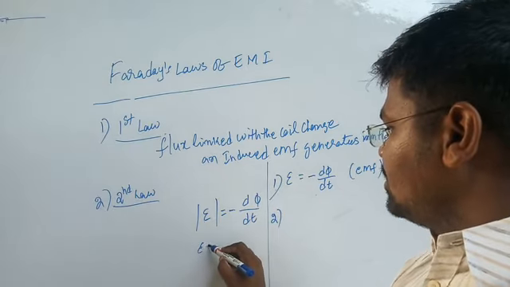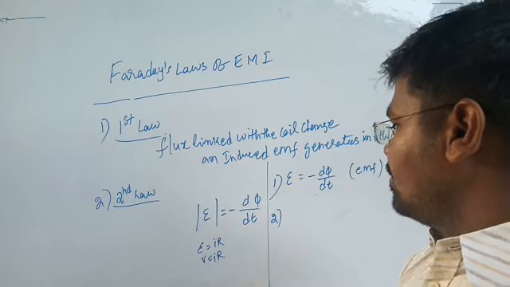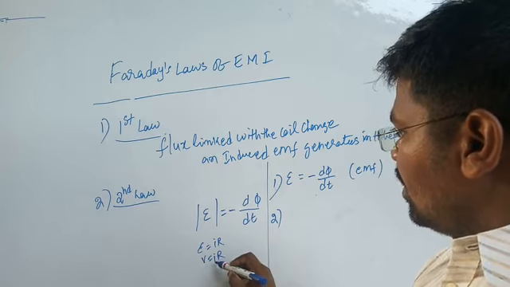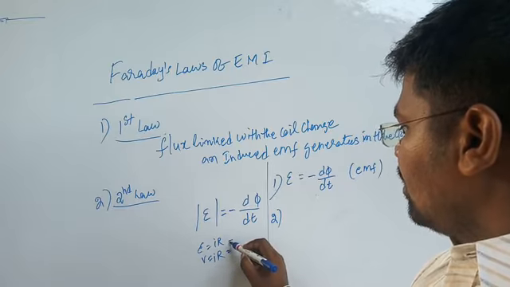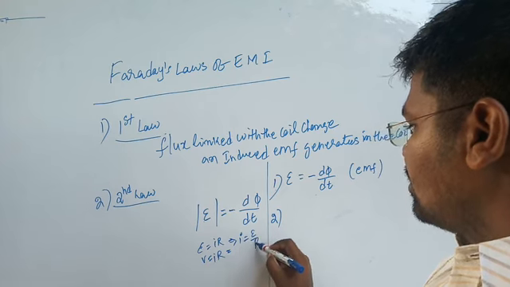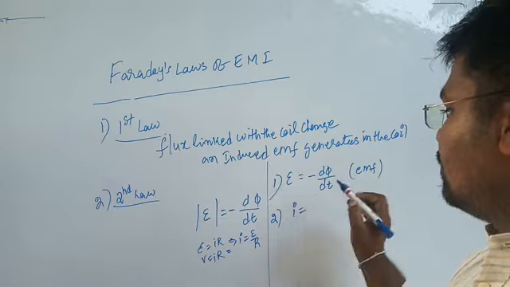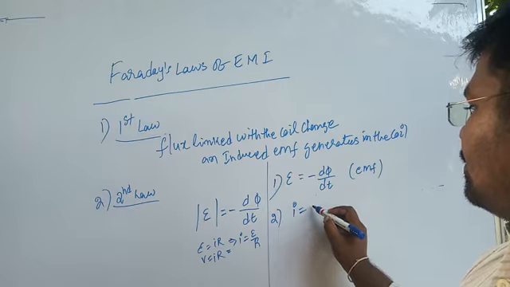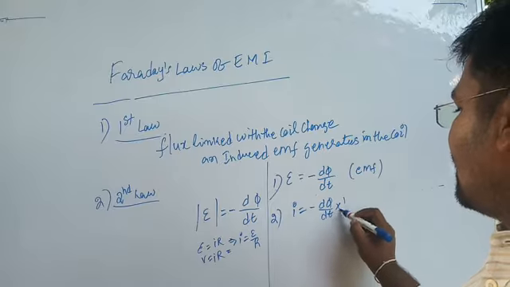We know that E is equal to IR, like V is equal to IR. So I is equal to EMF by R. I is equal to minus d phi by dt into 1 by R.